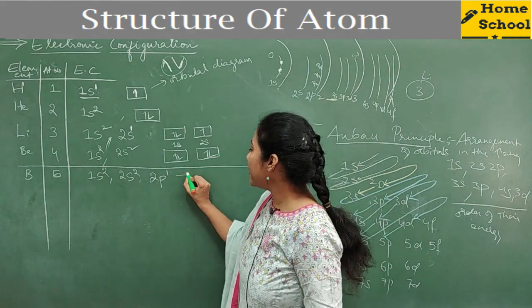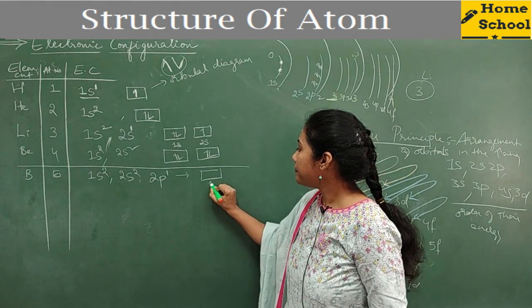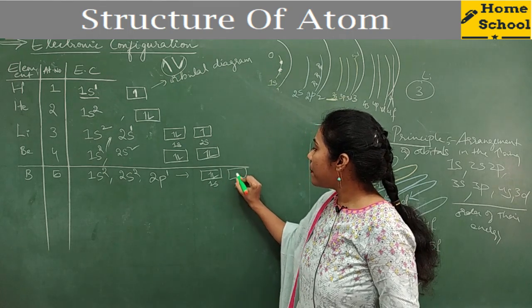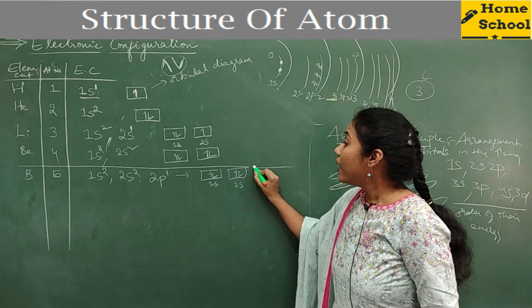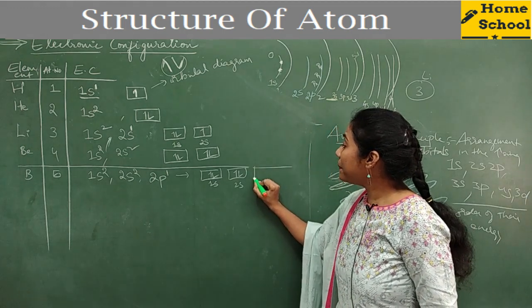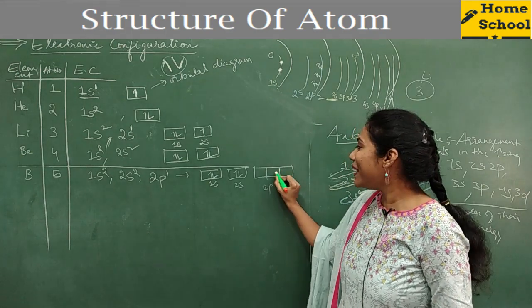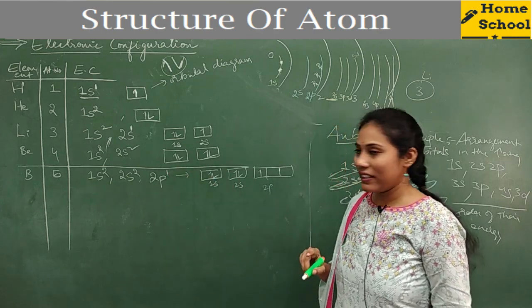And what is the orbital diagram you will show here? 1s has 2 electrons, and for 2s also one box you will show because 2 electrons are there. And for 2p, how many p orbitals did I say? 3 p orbitals will be there, no? So that's why 3 boxes we have to draw, and here you have to show 1 electron.